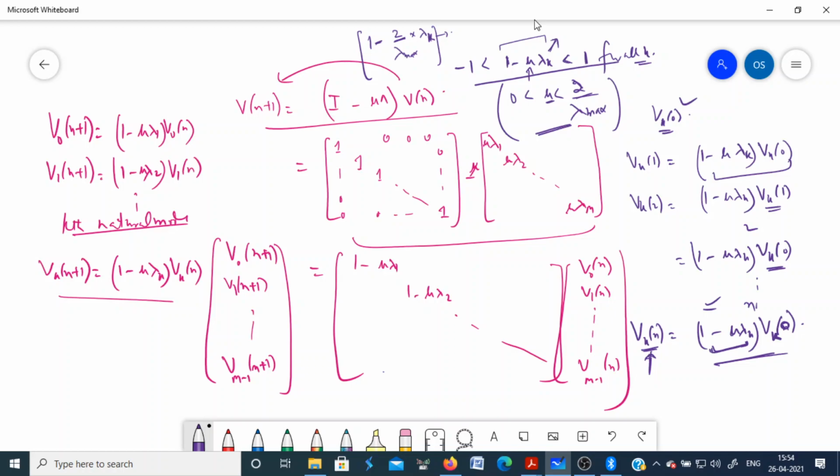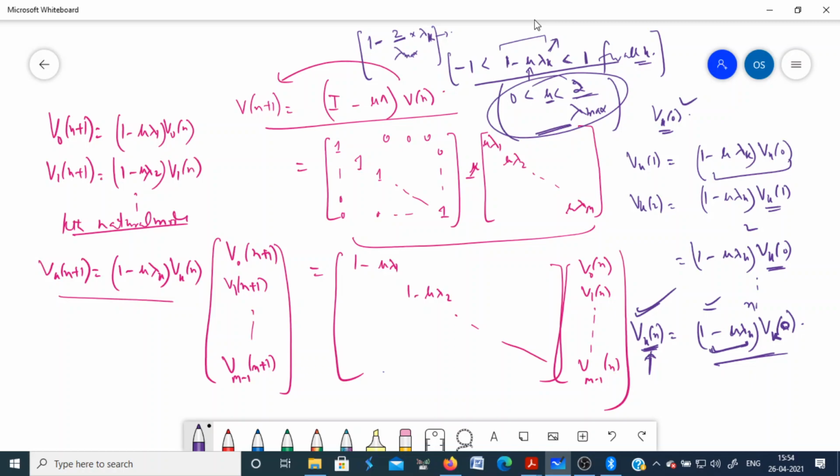So using this, the equation will be satisfied. And if the magnitude of 1 minus mu lambda k is less than 1 for all values of k, these modes will naturally die out with time.